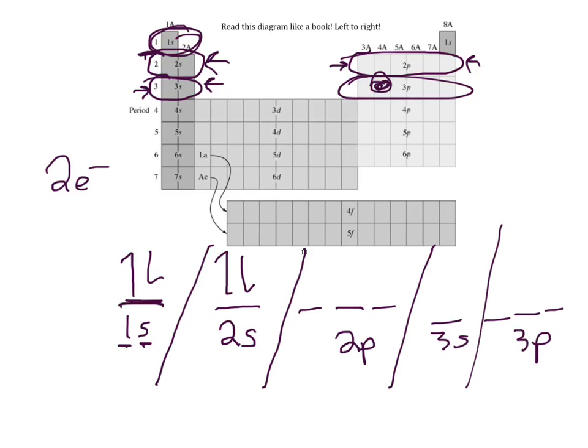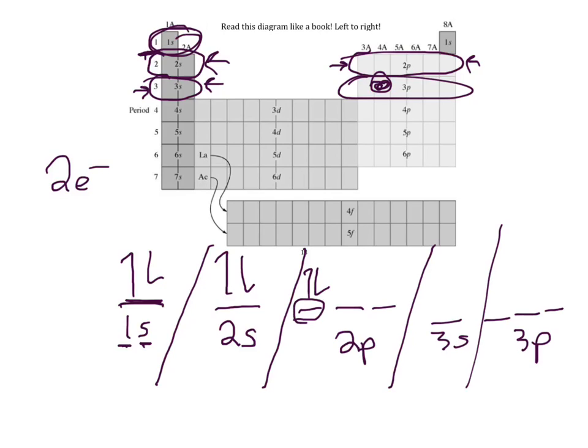Now when we get to the 2p, again, the 1s need to be filled and the 2s need to be filled before we get to the 2p. But something new is going to happen in this situation. According to Hund's rule, when you have a situation like this where you have multiple orbitals within a particular sublevel, this will not happen, where you have one up arrow and then one down arrow in one orbital.